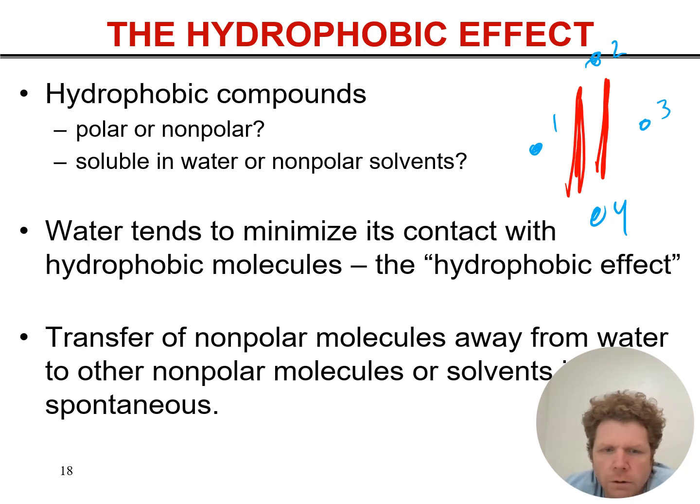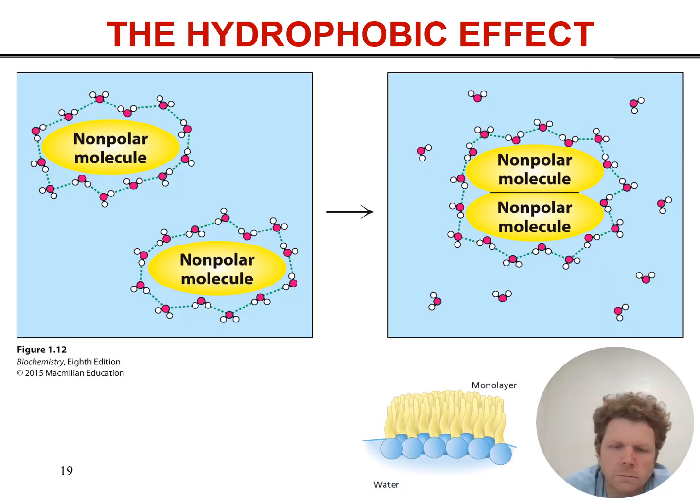Okay, so what we also see is the transfer of nonpolar molecules away from water to other nonpolar molecules or solvents, and that is a spontaneous process. So on the next slide, we have a nice visual of what's taking place. We have our two nonpolar molecules that have solvation spheres around them.